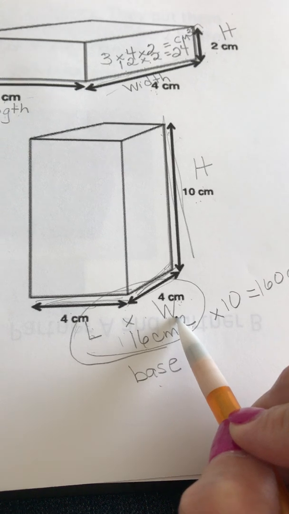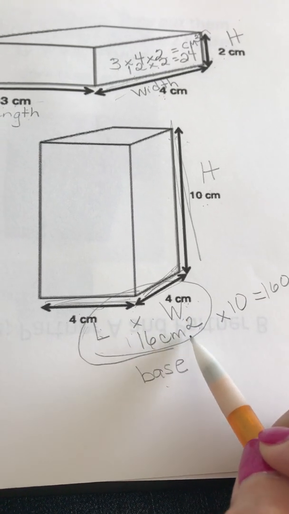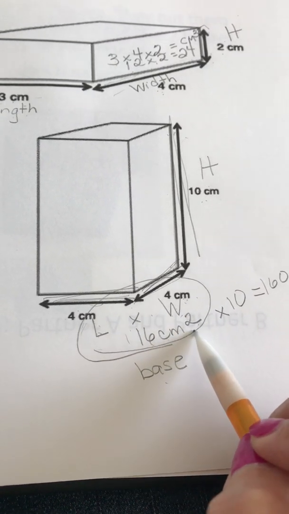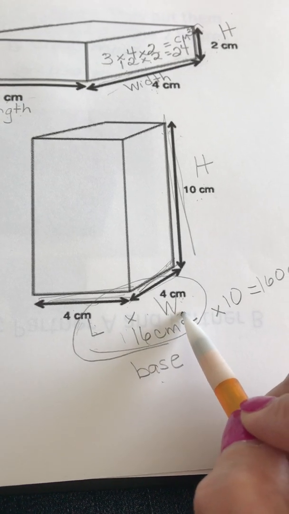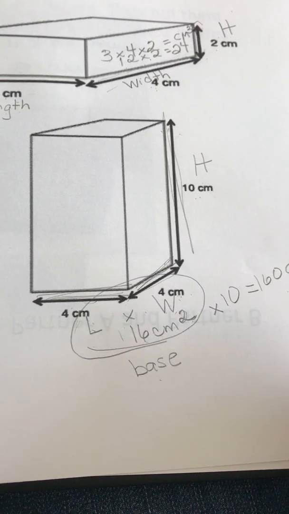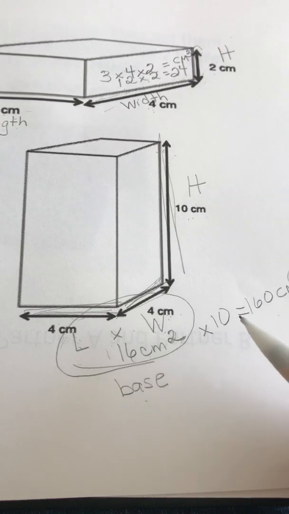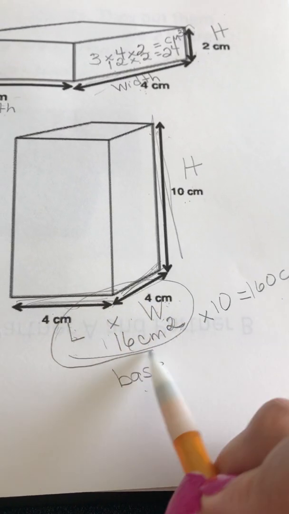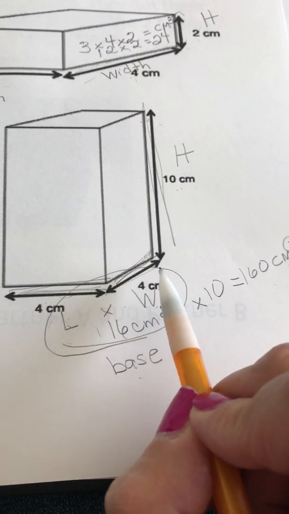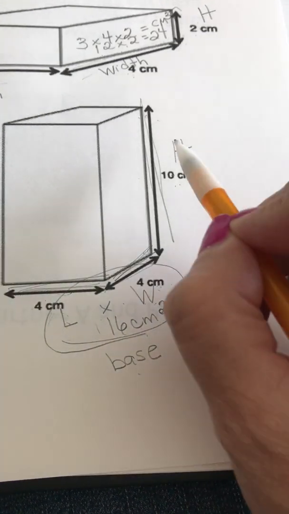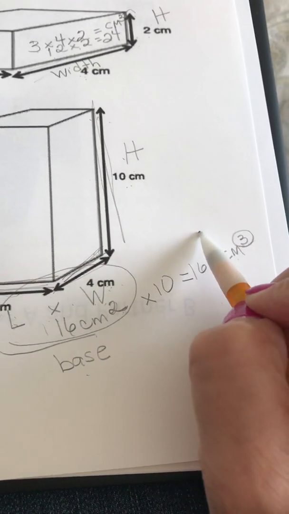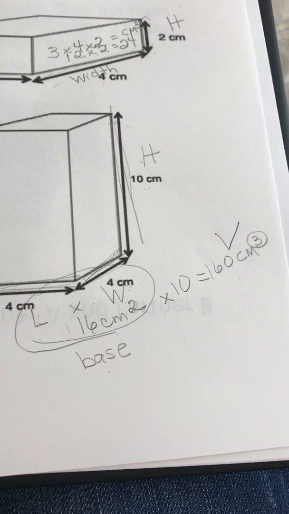And we know when we multiply length and width together, we're getting the area. And that's when we label it squared. Okay? So all you need to do is take that area. If they give you area first, you're going to take the area and multiply the height. And that's going to give you your volume.